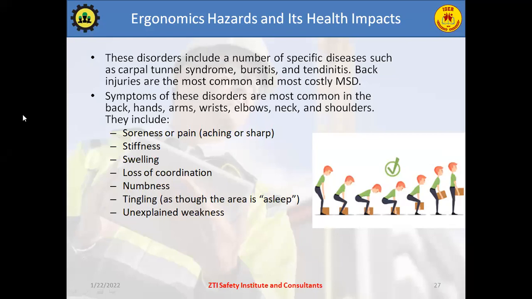All these conditions are assessed and noted down in the assessment regime whenever we go for an ergonomics assessment.